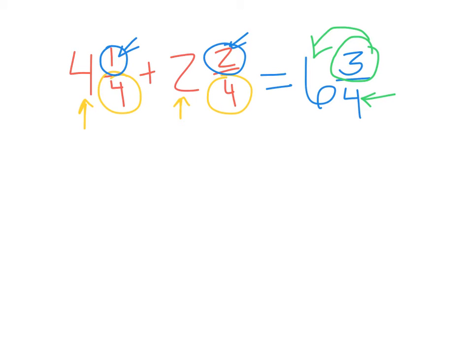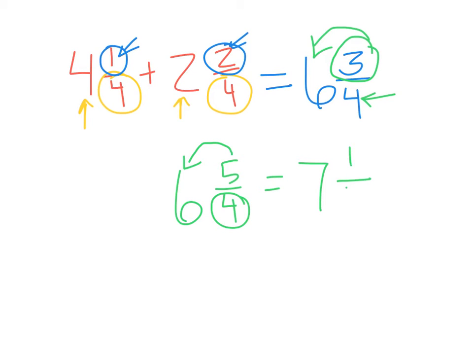Let me give you an example. If my answer came out to be 6 5/4, I can't leave that as my answer. I have to take 1 part out of the 5 to make that a 7. And remember, 1 part of this 5 is actually 4 parts. So I would be left with 1/4.